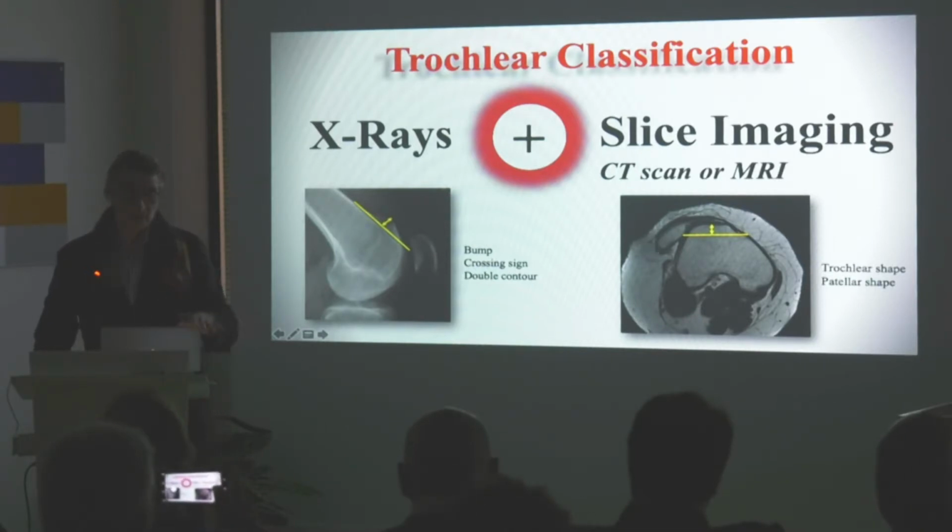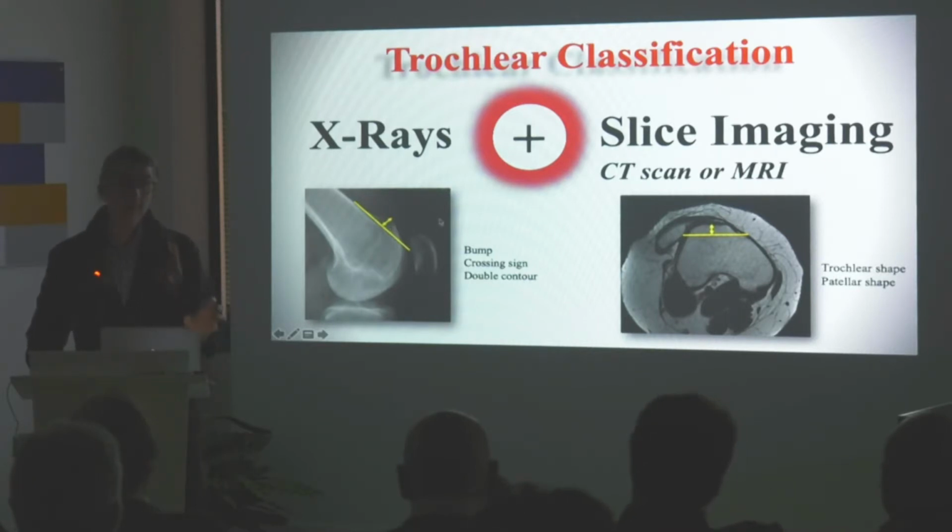So using this and this, you will be able to say A, B, C, D. Because, for example, this big prominence, it's very tough to see on an MRI. Very tough. On the CT, even worse. So you will miss that. So remember that if you want to classify your trochlea, you need to have X-rays and slice imaging.